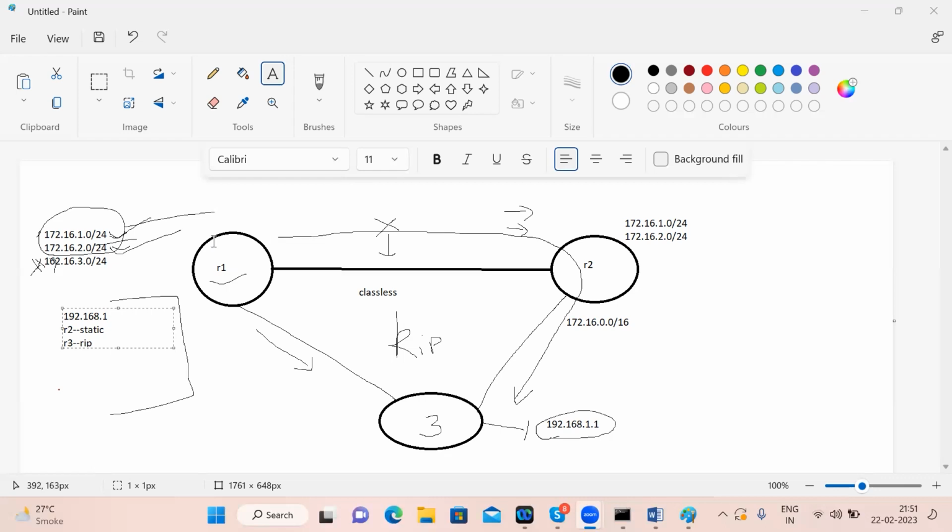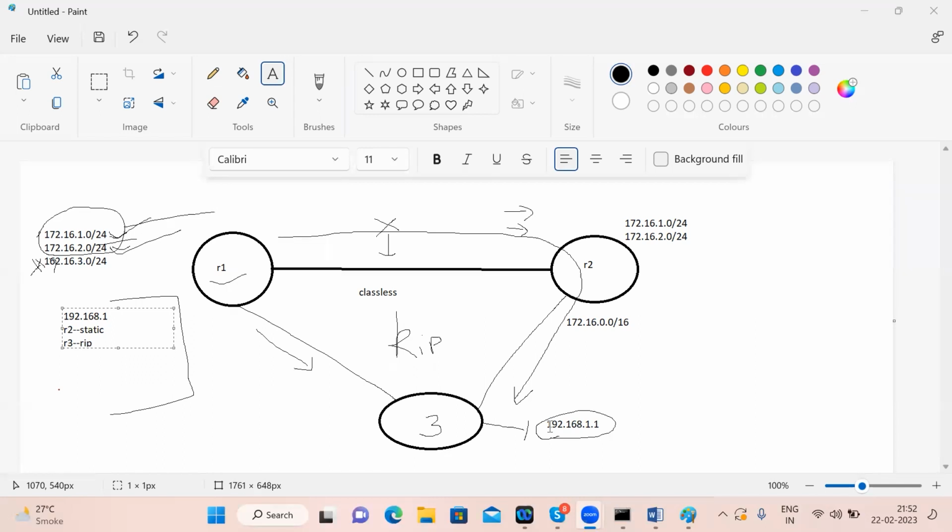Now, my manager says this is the longest path to reach the 192.168.1.0 network compared to router 1 to router 3. This one has the least path, the shortest path compared to router 2.